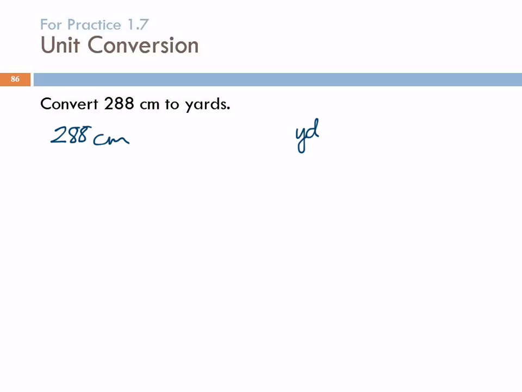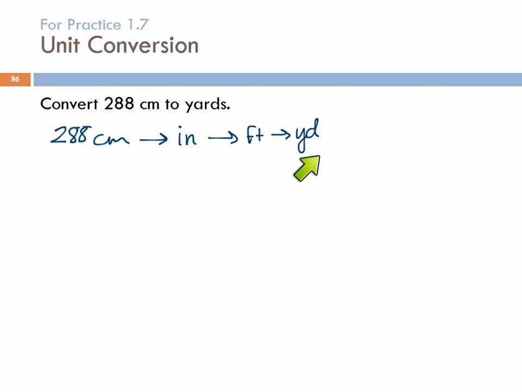I know the relationship between centimeters and inches, so I could go from centimeters to inches. Yeah, you could go inches to feet and feet to yards. And some people might say, well, I know how many inches are in a yard, I'm going to skip that, and that would be fine. But we'll do this one.